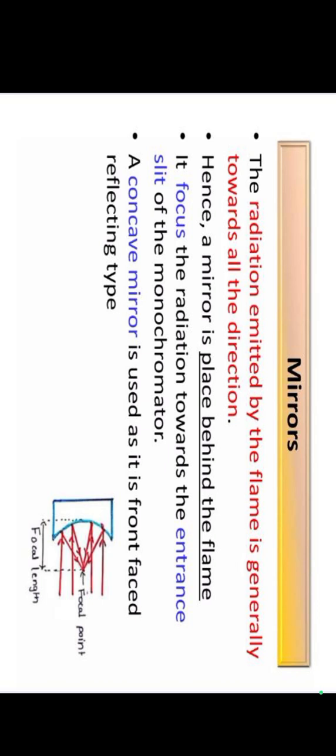To focus the radiation towards the entrance slit of the monochromator, a concave mirror is used, as it is a front-face reflecting type. This is the picture of the concave mirror. It helps in reflecting the radiation back to the entrance slit of the monochromator.